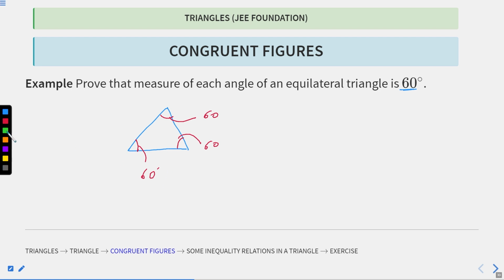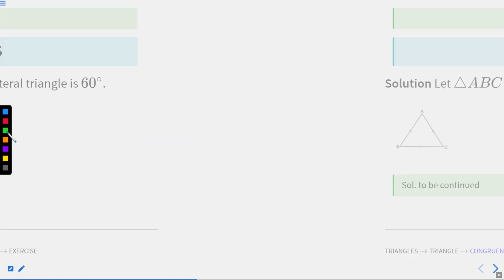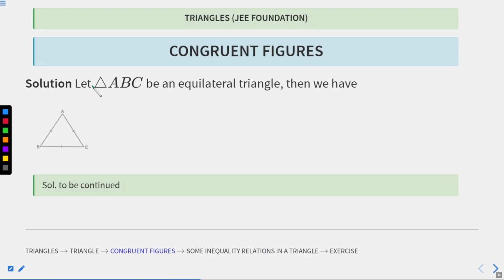So let's see. We are using the theorem I just recalled for you. If my triangle ABC is given and it is an equilateral triangle, then all sides must be the same in length.